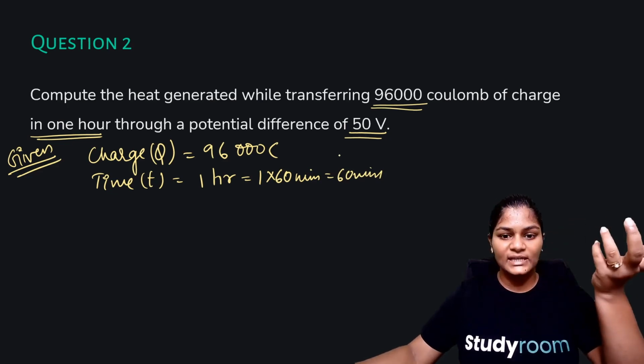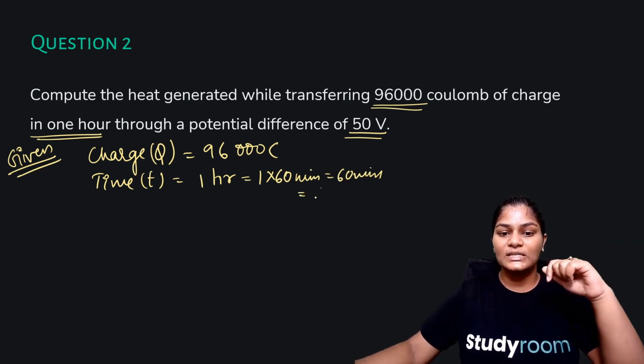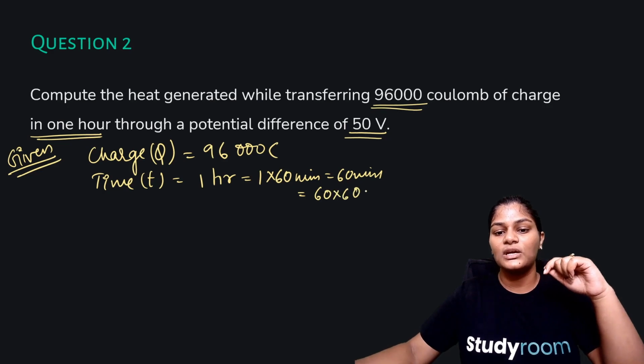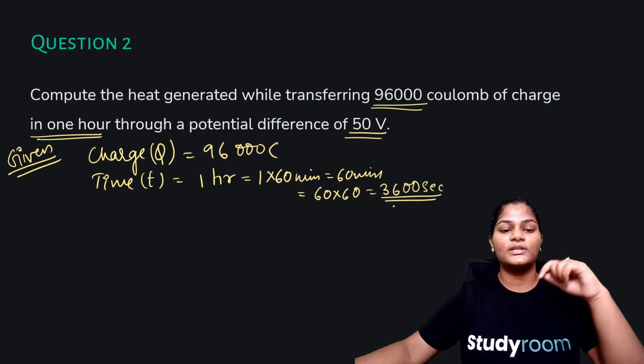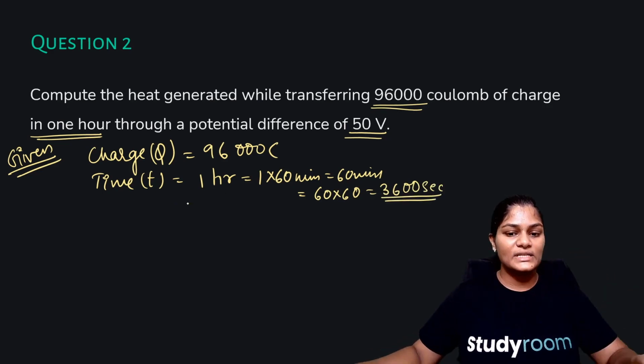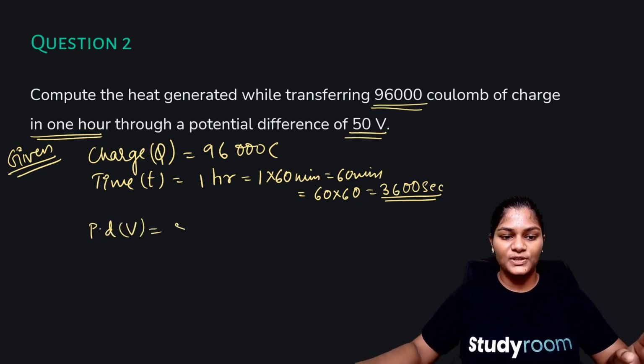It is 60 seconds. So how many seconds in 60 minutes? It is 60 into 60, which is equal to 3600 seconds. So it's actually 3600 seconds in 1 hour. That is our time T. And we are given potential difference V is equal to 50 volts.